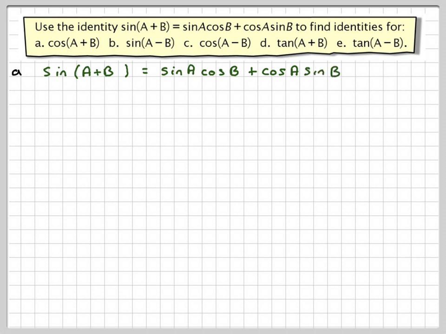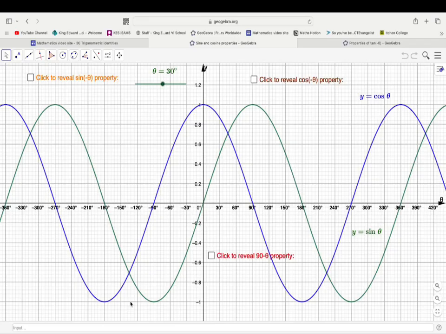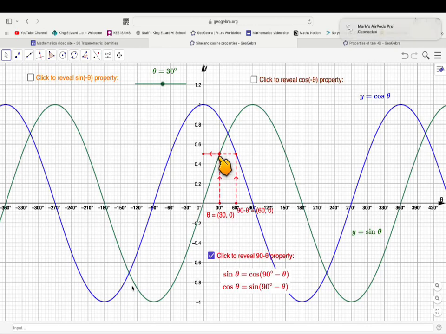If we look at this GeoGebra app, here I have the graph of sine, and here I have the graph of cos, drawn from minus 360 to 360, a bit more in both cases. If I take 30 degrees, the sine of 30 degrees is 0.5. But if I put 30 degrees here, you get 90 minus 30, which is 60 degrees, and at 60 degrees cos has the same value.